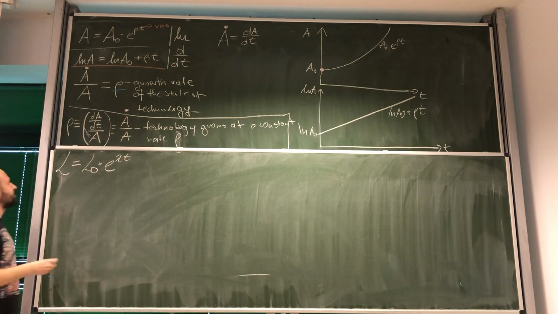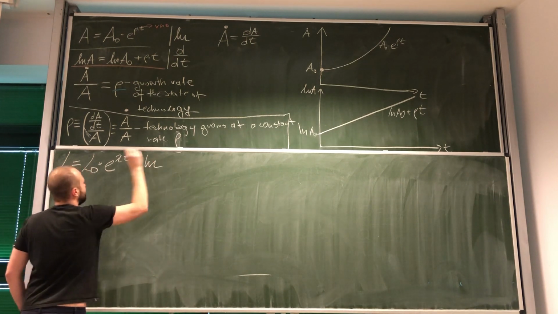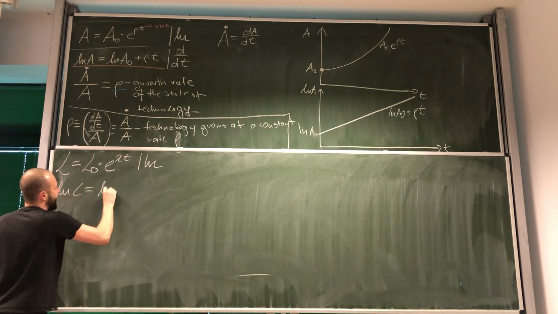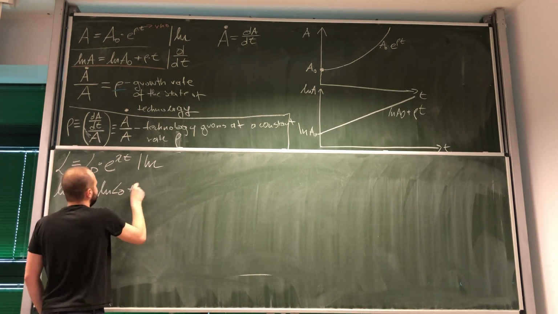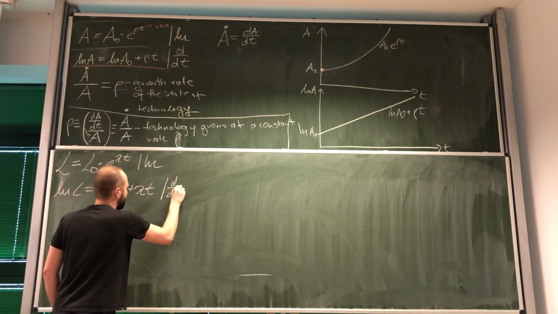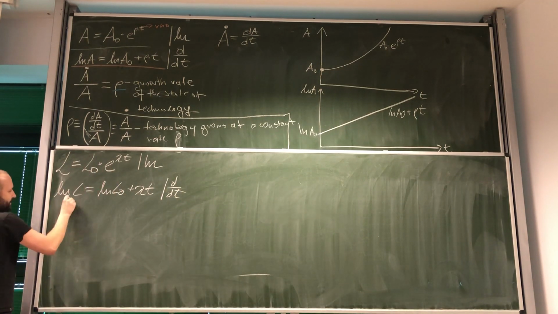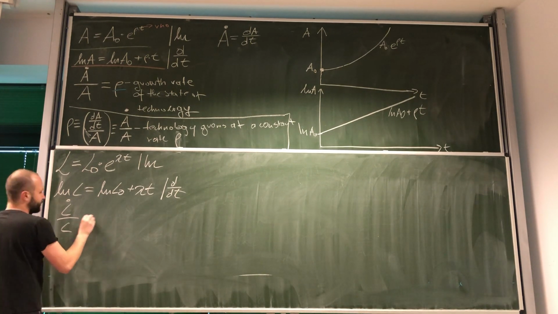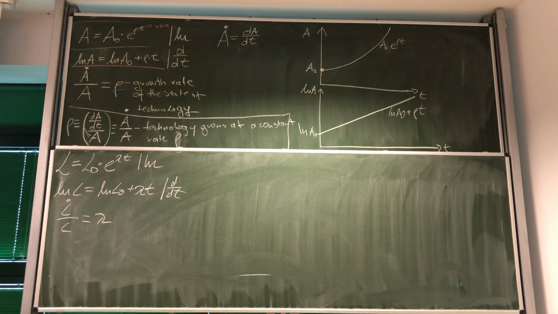If I logarithmize it, I get ln L equal to ln L0 plus lambda t. If I differentiate it, I get that the growth rate of labor is equal to lambda.